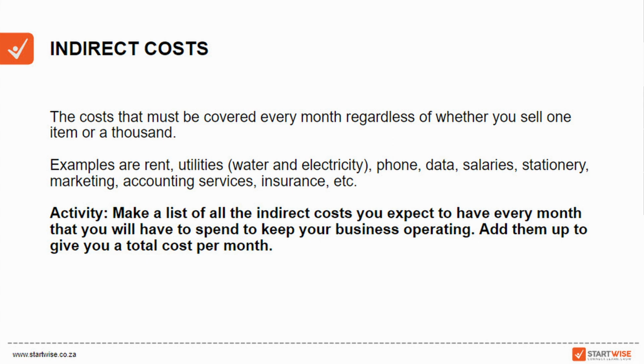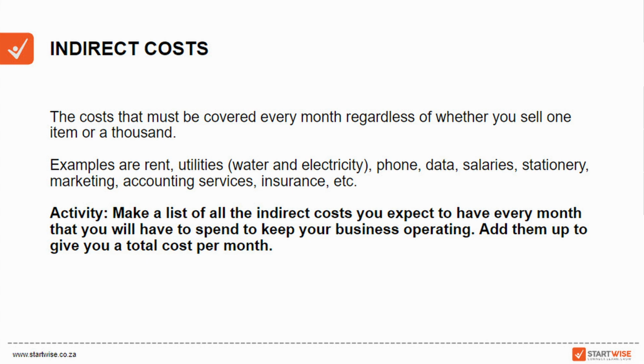These are all indirect costs in your business, and they don't relate to the number of customers you have. So for example, your rent will stay 5,000 Rand a month, whether you have 10 or 100 customers, and that kind of thing. But what we often forget is when we charge customers, we only think about charging them for direct costs.